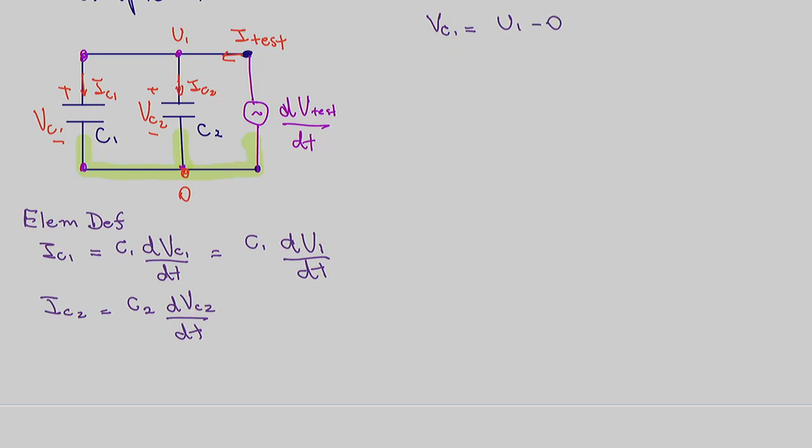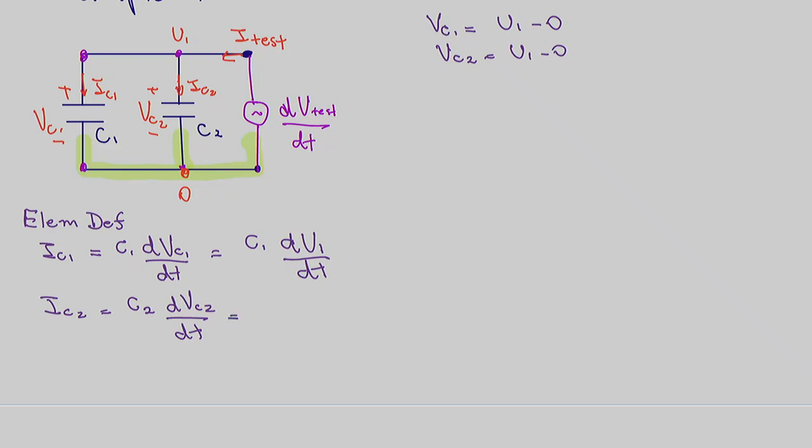What about VC2? Well, we decided to do a V test because we said the potential will be the same. And look here at the diagram. Capacitor 2 is between nodes 0 and U1. So by voltage definition, VC2 is equal to U1 minus 0.